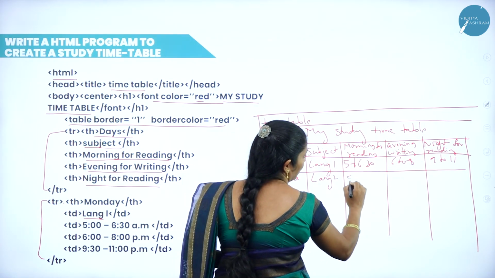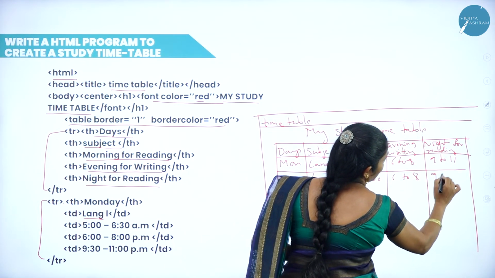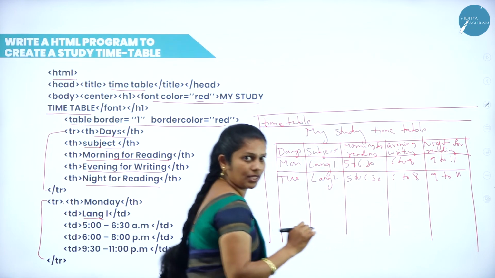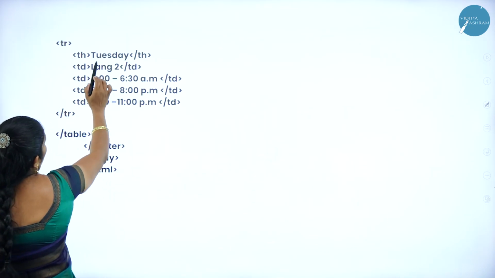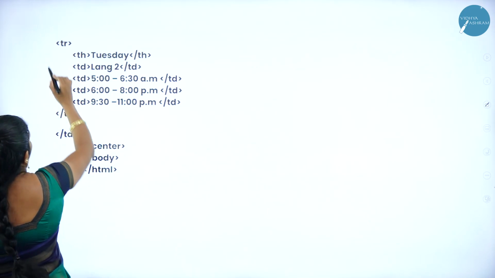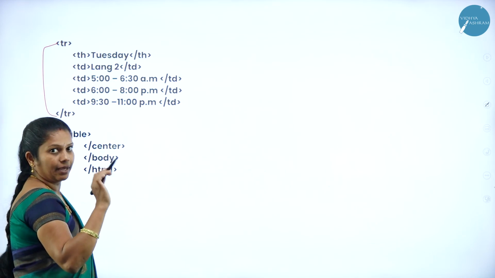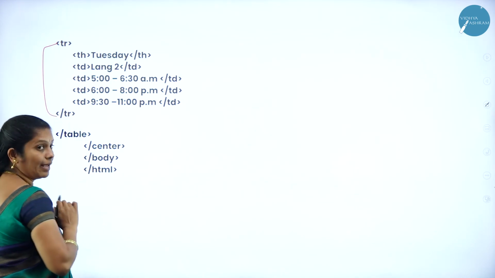Then in the same way 5 to 6:30, 6 to 8 as well as 9 to 11. One by one, all the data will be filled in. Then we close the table row.